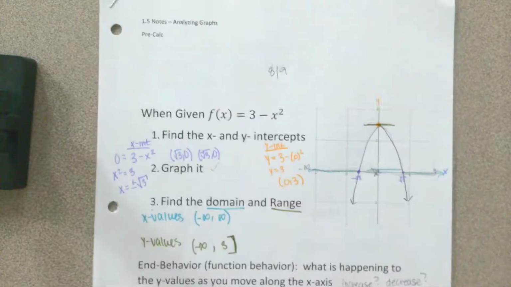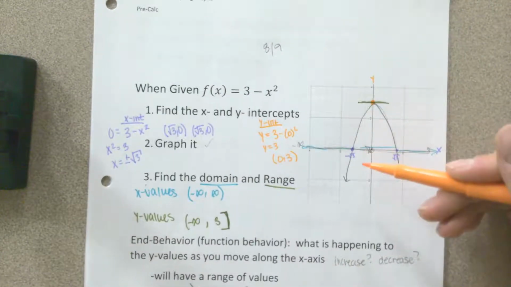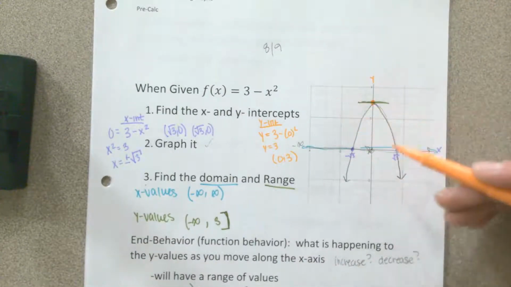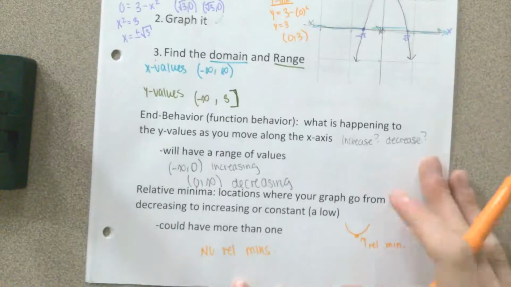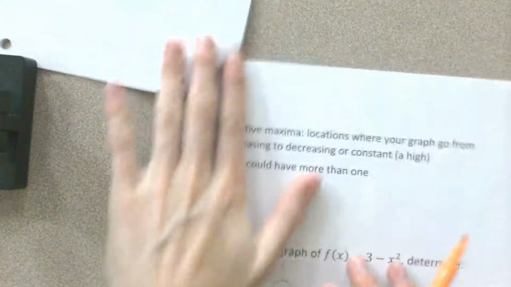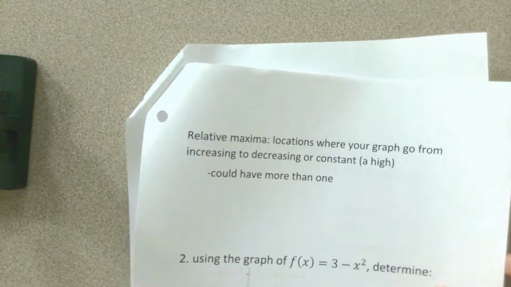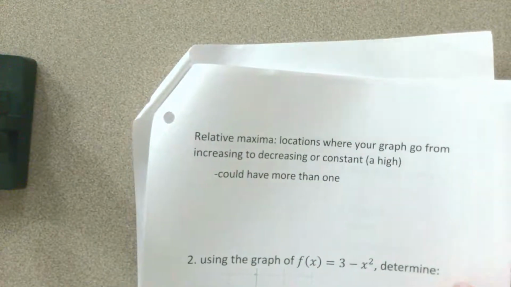Okay, because there's nowhere that this graph goes from decreasing to increasing and has a valley shape. Relative maxima are locations where your graph goes from increasing to decreasing, or there's a high.